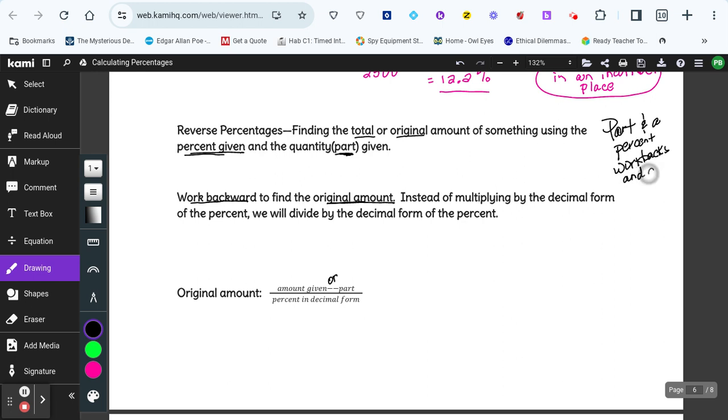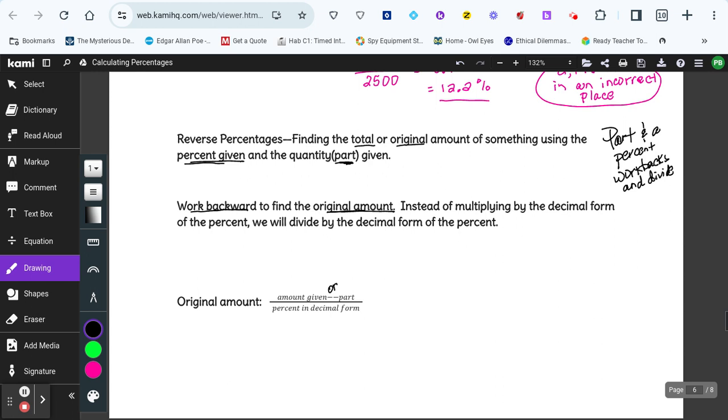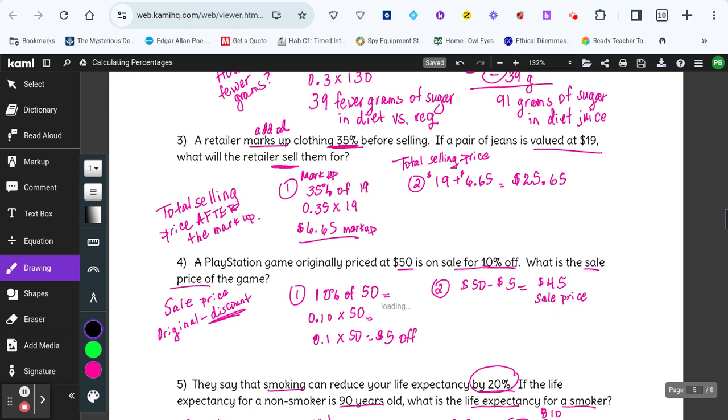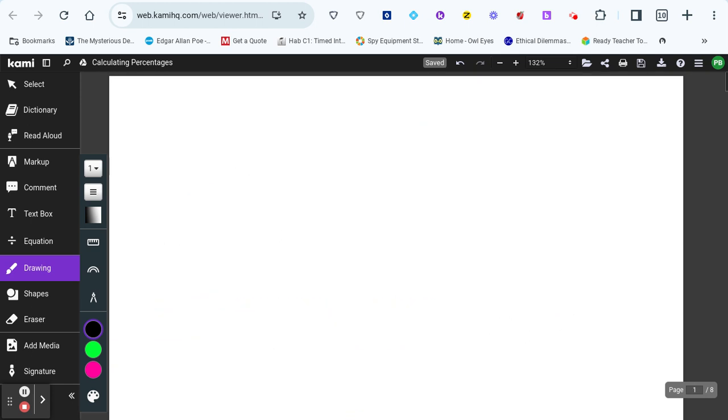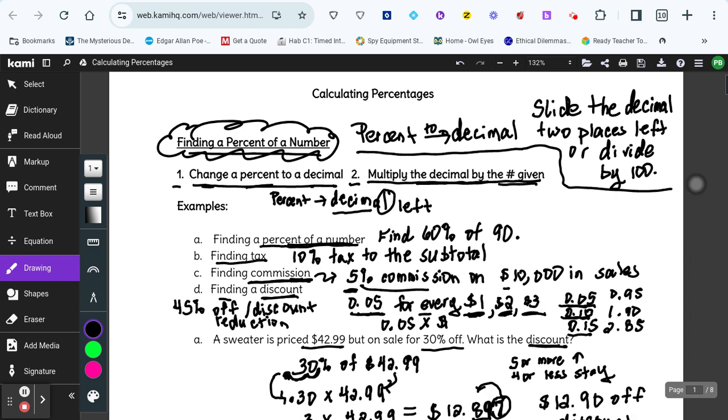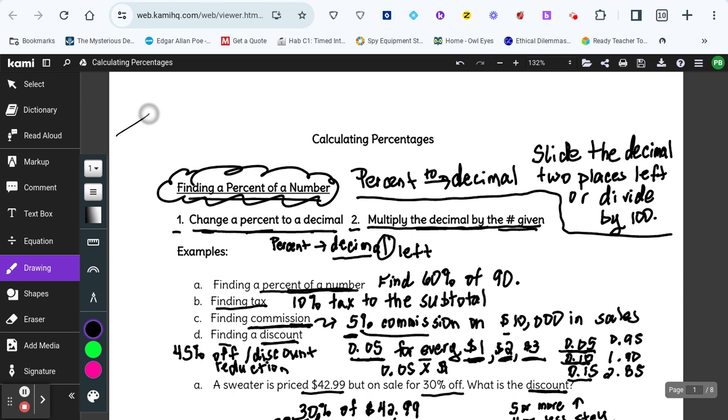All right, you're going to work backwards and you're going to divide. But if you get the total and a percent, you're going to work forward and multiply. And that's up here. Okay, let me get back to it. So if you get a total and a percent, you are going to multiply.